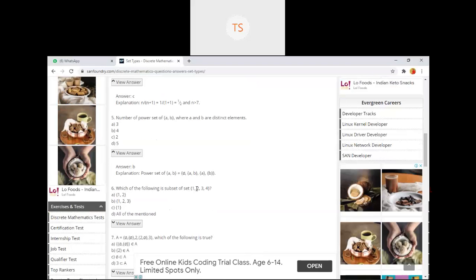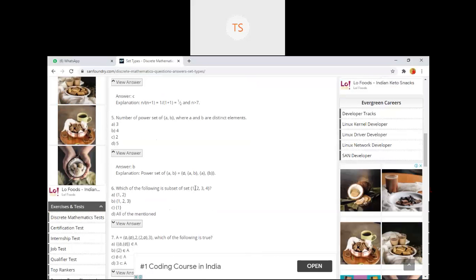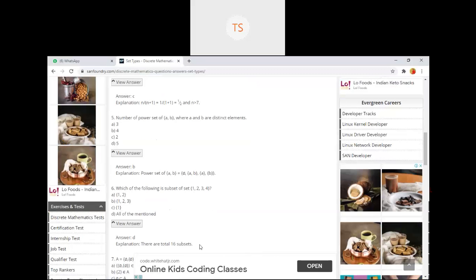If I choose 3 elements, 1, 2, 3, option B is a subset. If I choose only one element, 1, then option C is correct. That means options A, B and C are all subsets of the set. So the correct option is D. There are a total of 16 subsets.